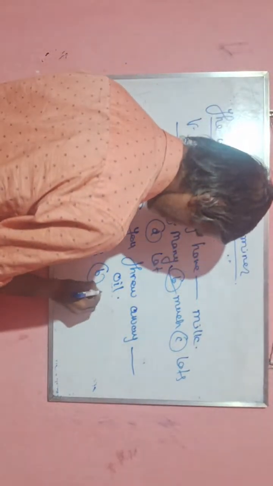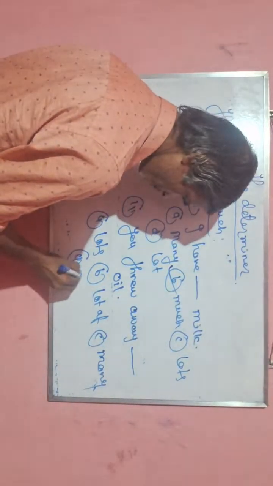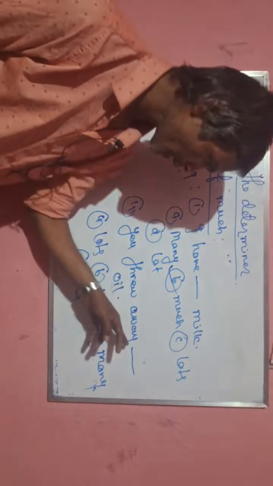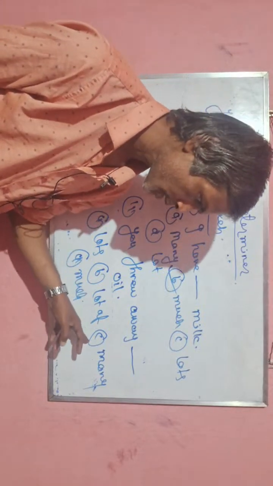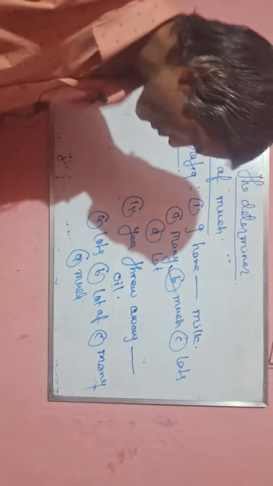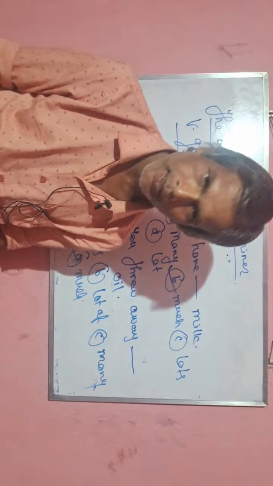B, a lot of. C, many. And D, much. First option lots, second option a lot of, option C many, option D much. Which option is the best? Option D is best.